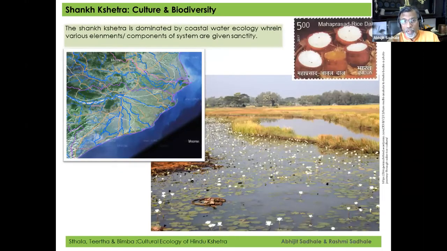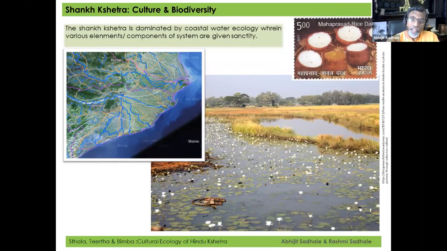It is important because Shankar Kshetra is dominated by a coastal water ecosystem, and various elements associated with that, such as the origin of springs, rivers, and water management with reference to the river, have been deified and given importance. Not only the ecological part, but the Mahaprasadam, or the functioning of the temple and offerings, are also related to this ecosystem.